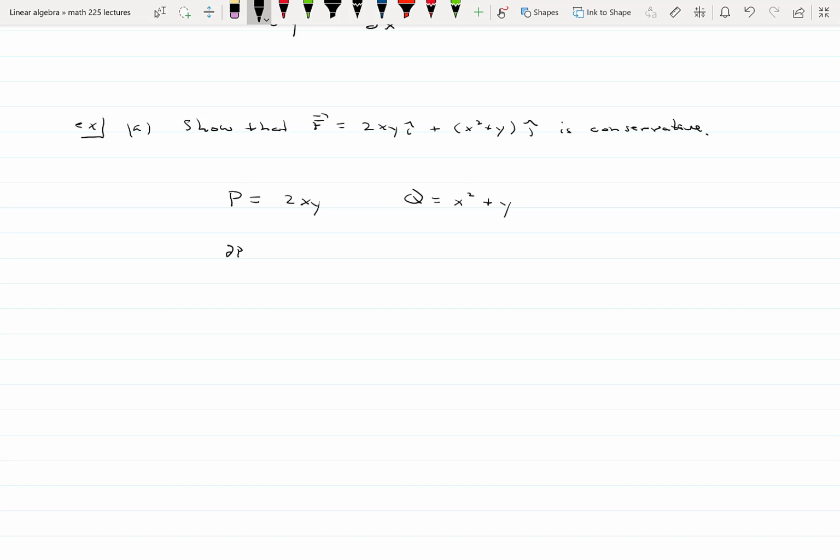Let's find the partial derivative of p with respect to y. That's 2x. And what's the partial of q with respect to x? It's 2x. So since the partial of p with respect to y equals the partial of q with respect to x, F is conservative.